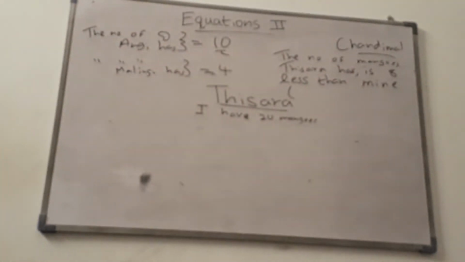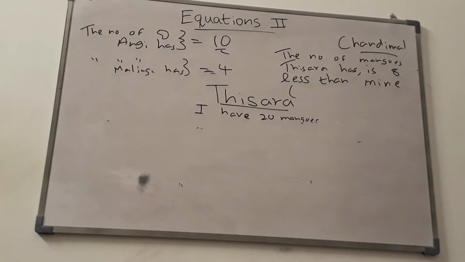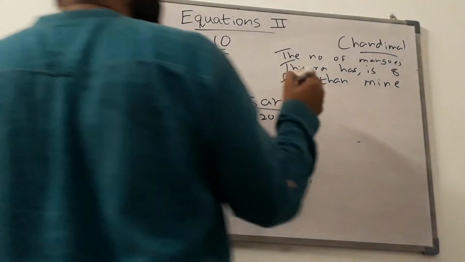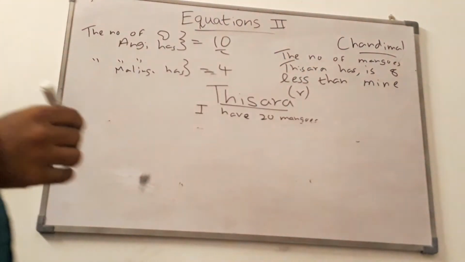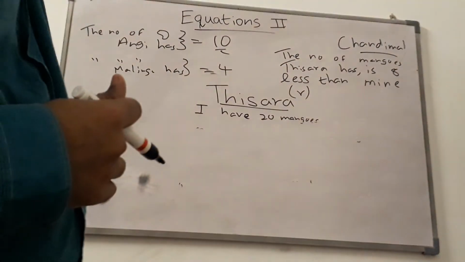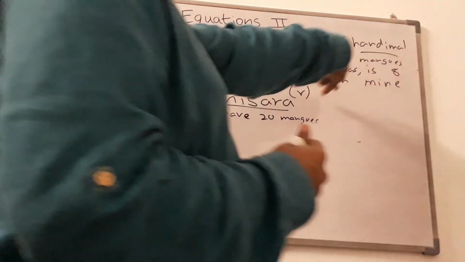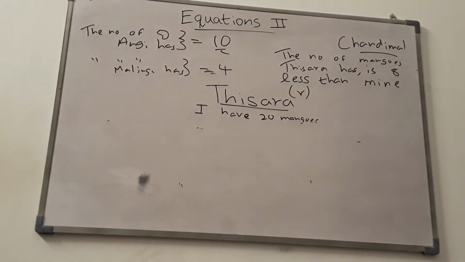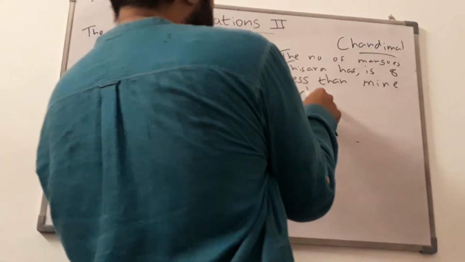So what Chandimal has is R. The number of mangoes Tisera has is 8 less than R. Okay, so this is the relationship. Chandimal has R mangoes.